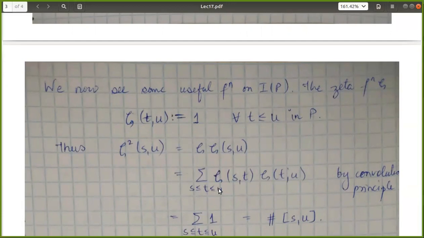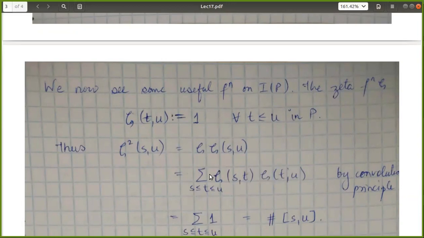Since T is greater than or equal to S, zeta of ST is 1 by this definition. And also T is less than or equal to U, so zeta of TU is also 1, again by the same definition. So whenever T is lying between S and U, both these elements are 1.